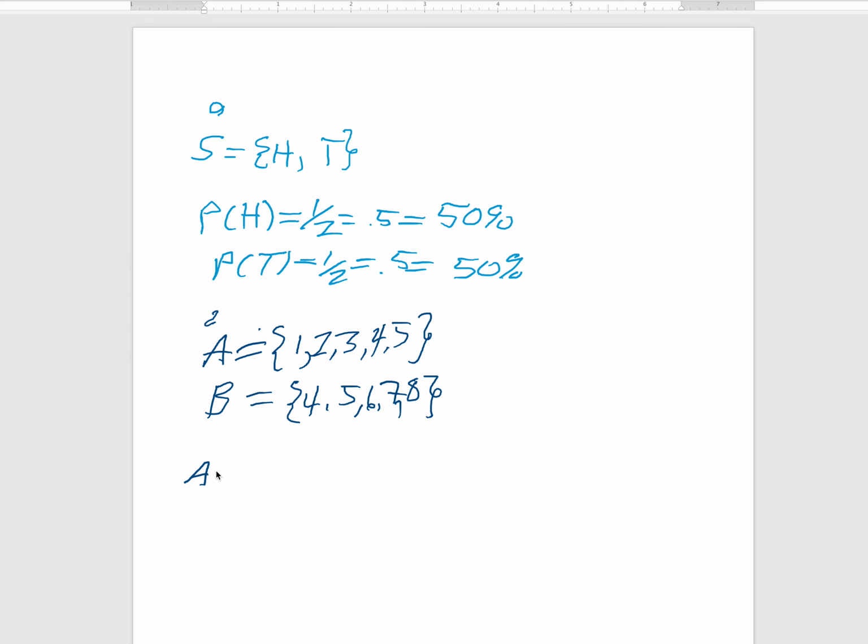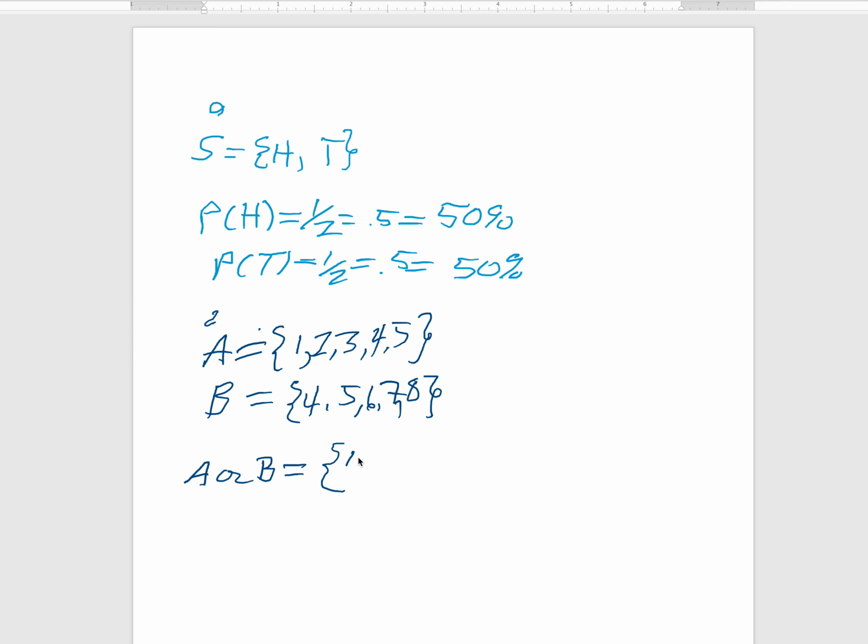So A or B means it has to be part of A or B. A goes from 1 to 5, B goes from 4 to 8. So really, if I do both, I don't count 4 and 5 here and 4 and 5 here twice, they're the same.